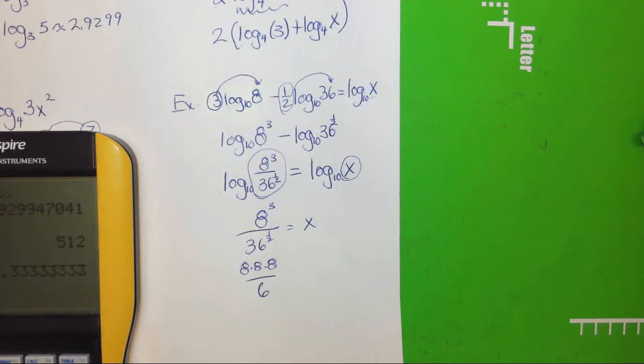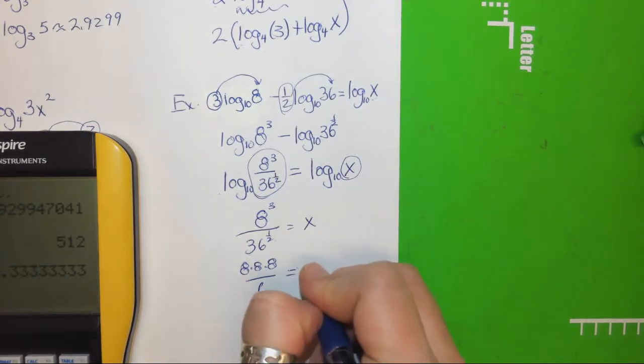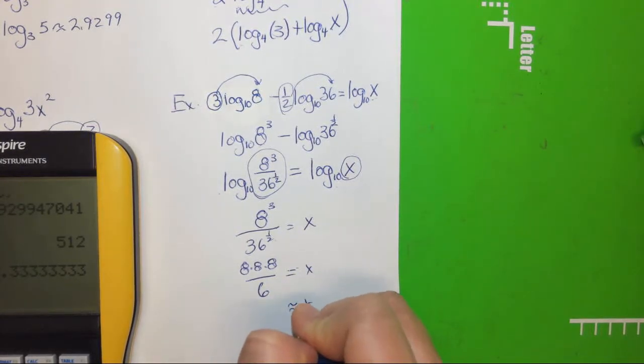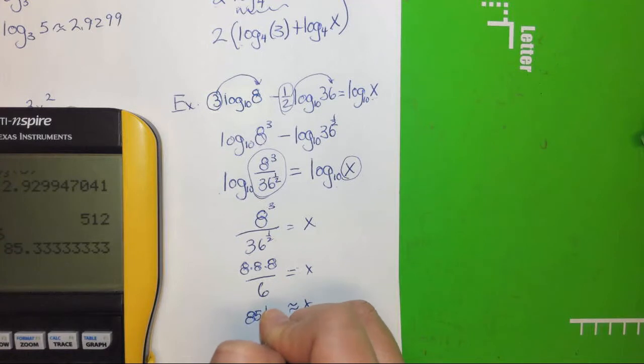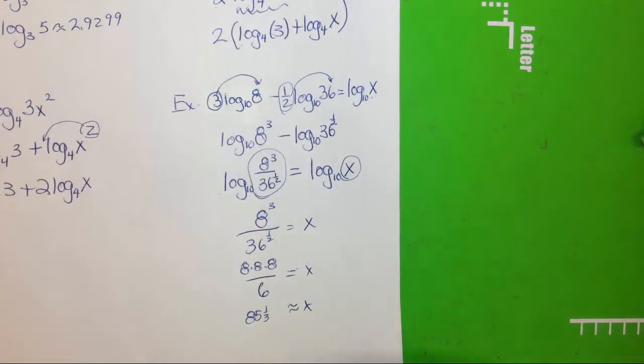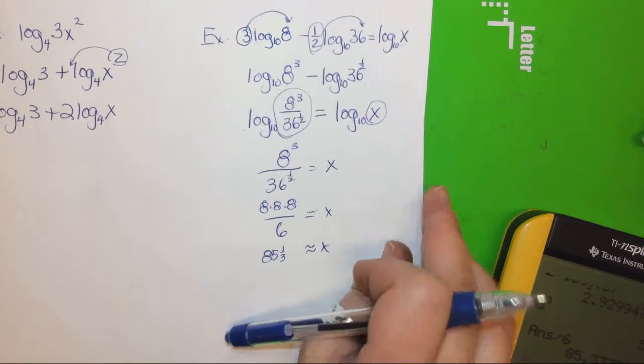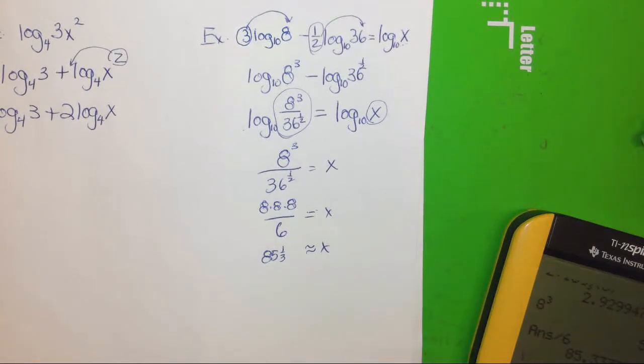And then divided by 6 gives us x approximately equal to 85.333, or 85 1/3. And that would be how you would solve using the power property. Actually, we used the power property and we used the quotient property. So all of those are going to kind of come together.